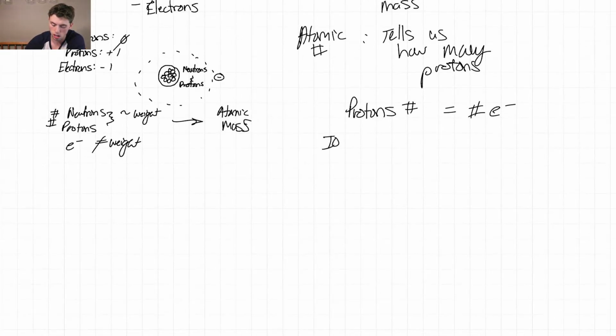However, ions are when we have more of one or the other. So if I have more electrons than I have protons, then the ion, or an anion, has a negative charge. And if it's a cation, I have more protons, having a more positive charge. And ions are especially reactive because they want to even out those charges or move in certain directions along that electrostatic line. And then we can go through and talk about mass spec, but it's not super important.